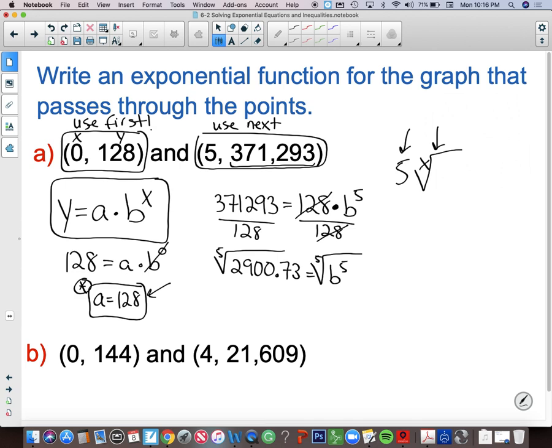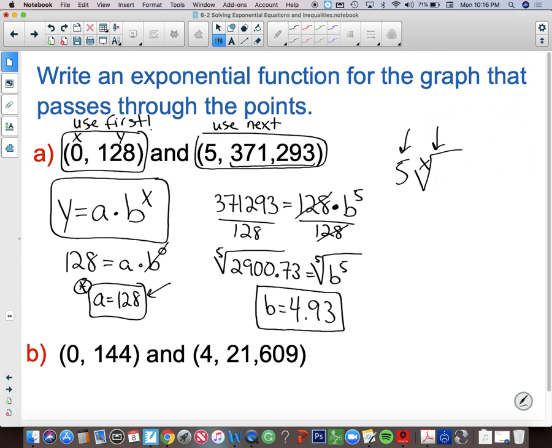That's the math button, 3 down on the left-hand side. So I need to do the 5th root. Same kind of idea, though. You have to press the 5 first. So the 5th root of that 2,900, and we get that b is about 4.933. We'll say 4.93. Okay?